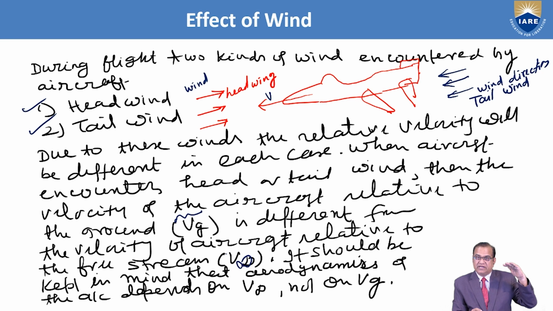It should be kept in mind that the aerodynamics of the aircraft depends upon the free stream velocity, not on Vg. We are always considering the free stream velocity, V infinity, not Vg. Vg is the speed of the aircraft with respect to the ground, and it varies with the wind direction.